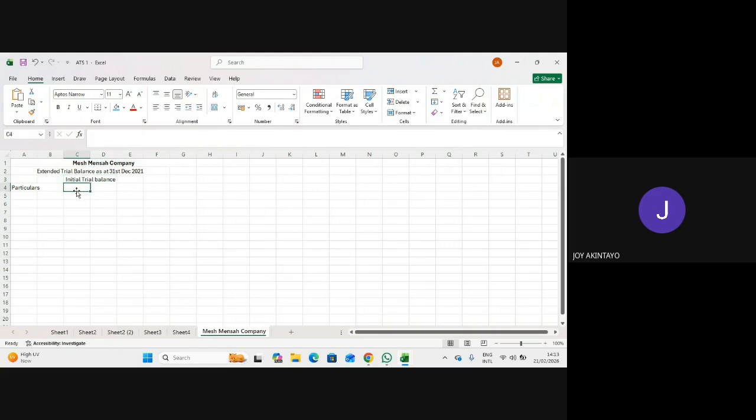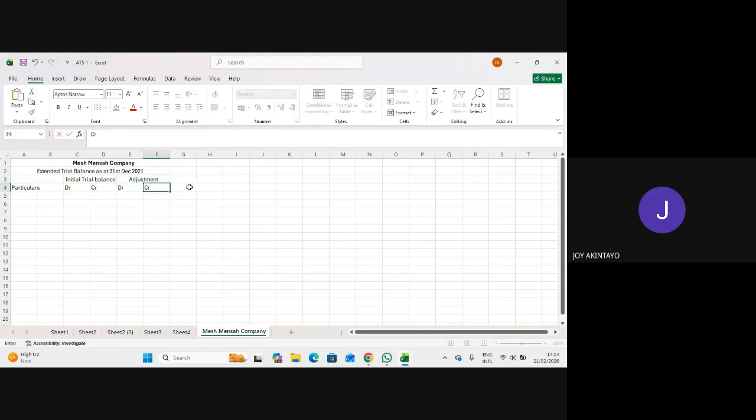So we have debit, we have credit, adjustments: debits, and we have credit.